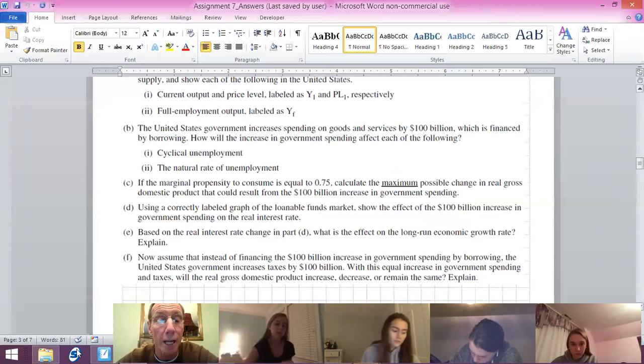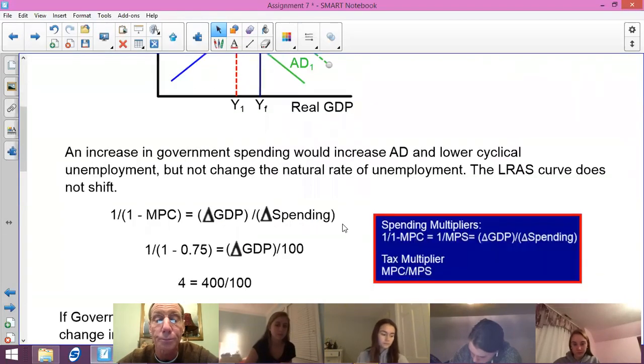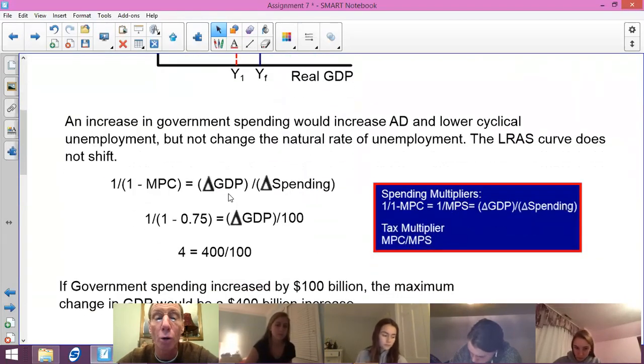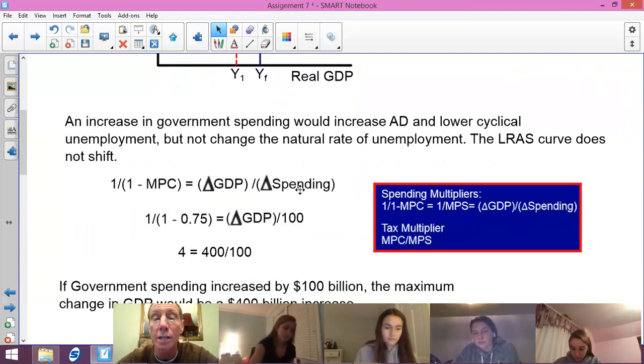So we simply use the same formula as before, but we don't know the change in output, but we know the change in spending.